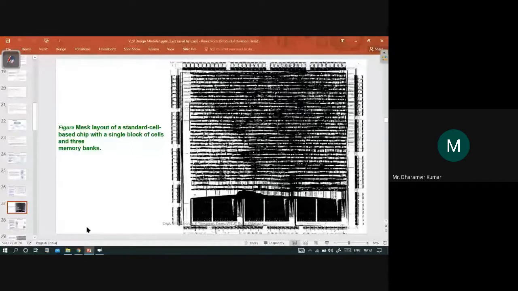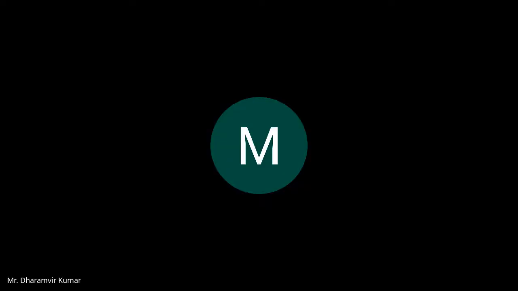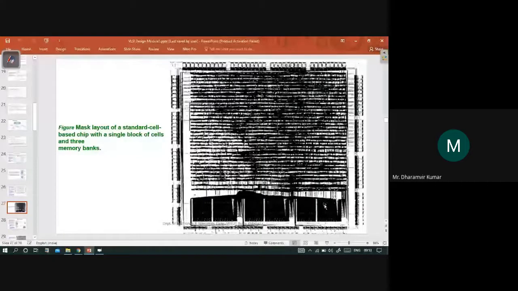And this is the actual layout. So these at the bottom side, the three black blocks are the placement for the memory. These are called memory banks.